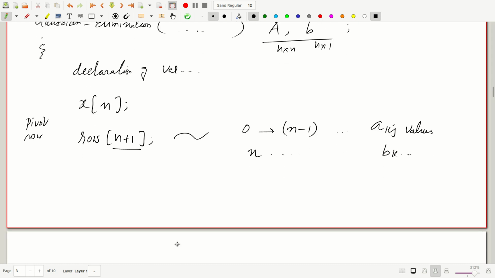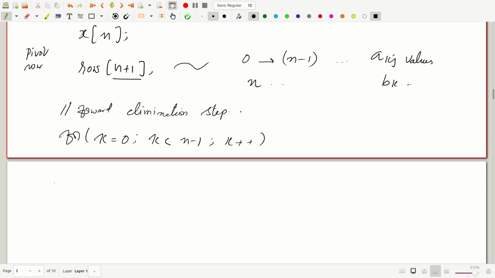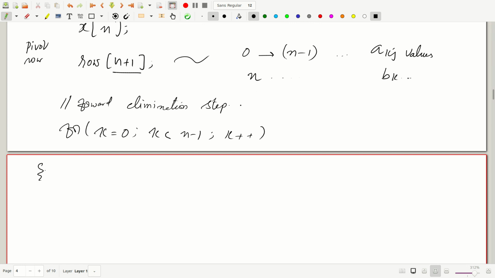Then we have the forward elimination step. So basically we have a for loop with k equal to 0, k less than, let's say if you have a matrix going from 0 to n minus 1, then it goes to n minus 2, and then k plus plus. If it is Fortran, you have to have it slightly different.